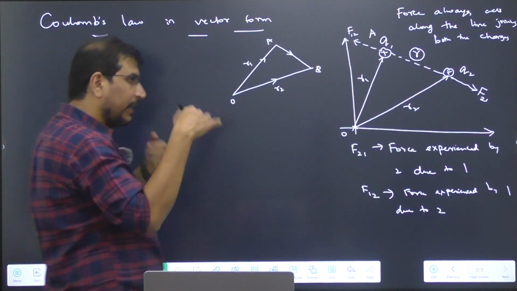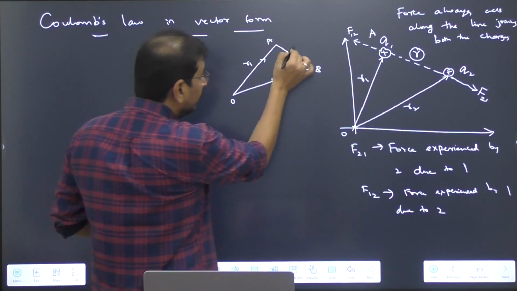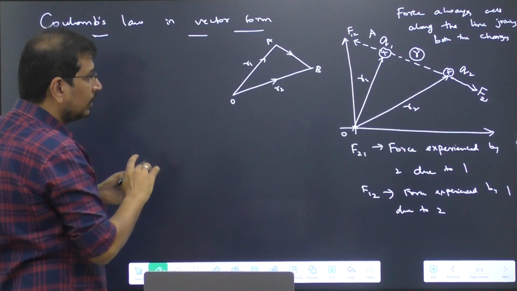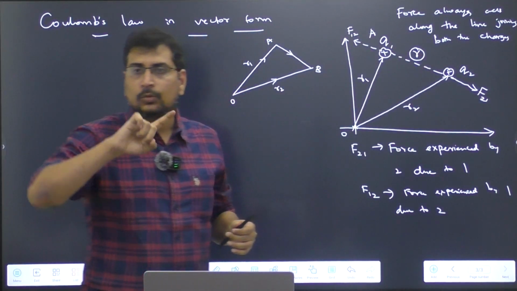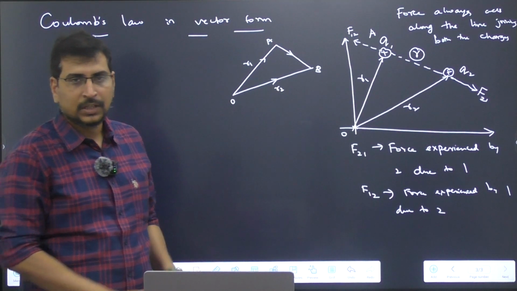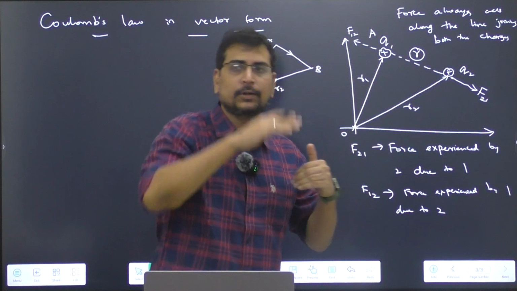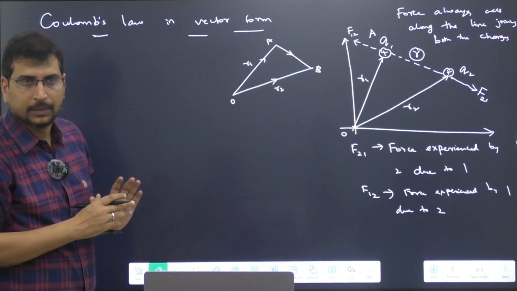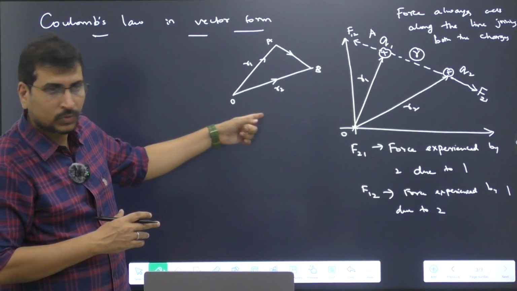So for F21, I need to see what subscript I need to give to R. Right? Now what the triangle law states is, in a triangle, you need to look for the vectors which are continuous. So what do you mean by continuous? The ending point of the first vector will be the starting point of the second vector. So in this case, which one is happening? Tell me which are the 2 continuous vectors you are able to see.